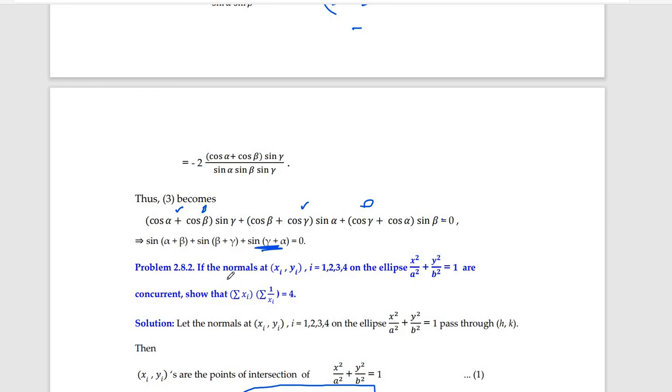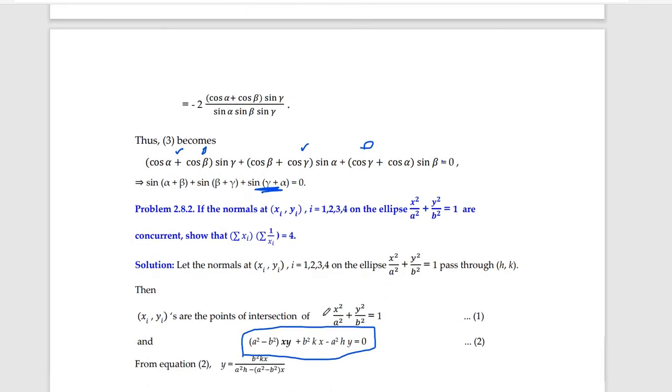Now the next one: if the normals at 4 points x1, y1, x2, y2, x3, y3, x4, y4 on the ellipse are concurrent, if they pass through one particular point, then we are asked to show that the sum of the abscissa multiplied by the sum of the reciprocal of the abscissa is 4.